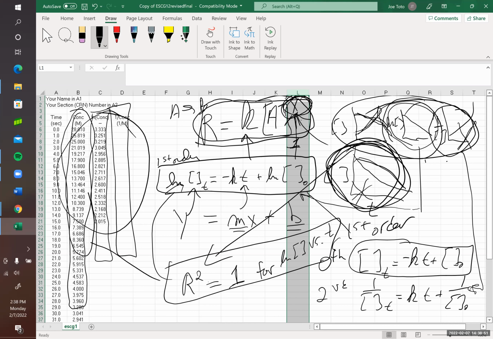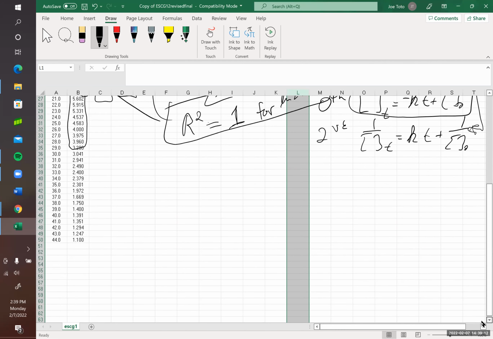All right, C says, using the appropriate equation, identify the specific rate constant K for the decomposition. Carefully explain and demonstrate how you've done the determination of K and include the appropriate units for this constant. Okay, so how do you determine K for this?